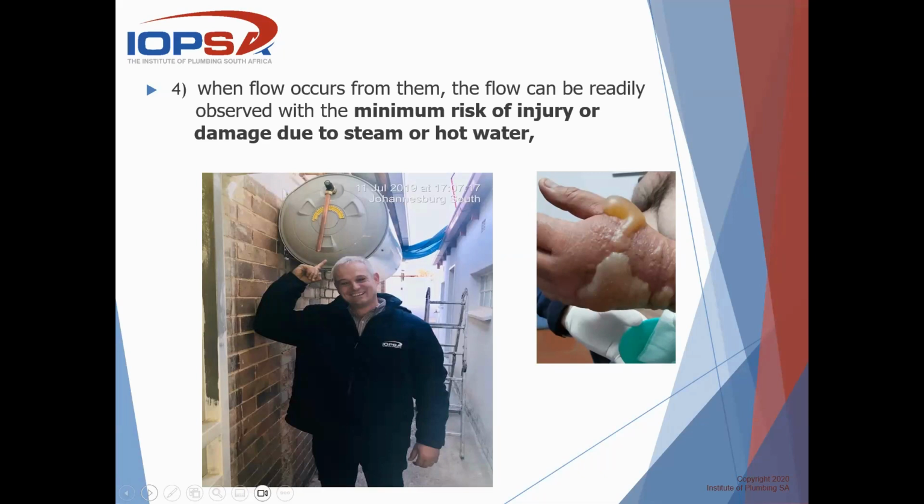And when that discharge happens, obviously it's got to go somewhere. It goes through this discharge pipe, and when the flow occurs, it's obviously going to discharge to the atmosphere. But when you're installing that discharge pipe, it is key and important that it is installed in a position where it's at a minimum risk to injury or can cause damage due to steam or hot water falling on an occupant or a person or anyone.